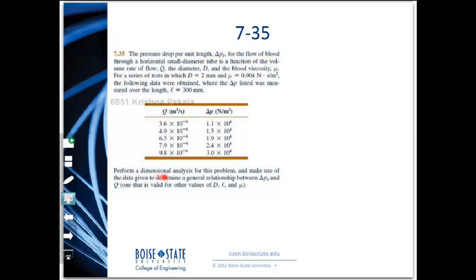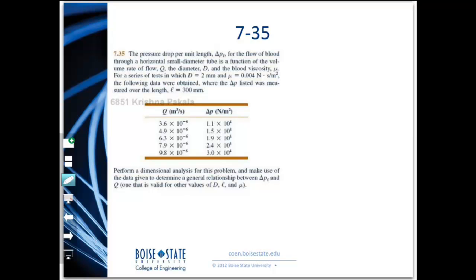Now you're asked to perform a dimensional analysis for this problem and make use of the data given to determine a general relationship between delta P over L and Q, one that is valid for other values of D, L and mu. So first we need to come up with the relationship between delta P over L, Q, D and mu.